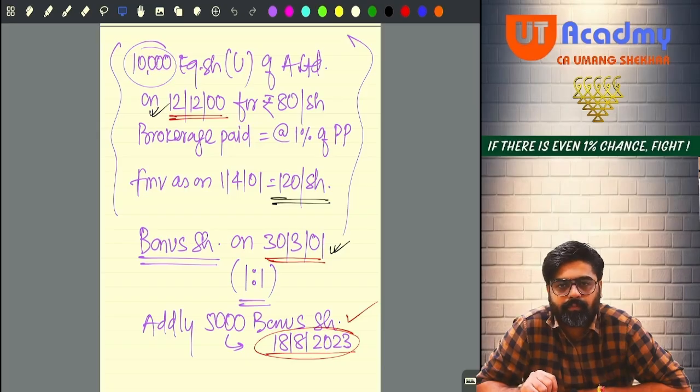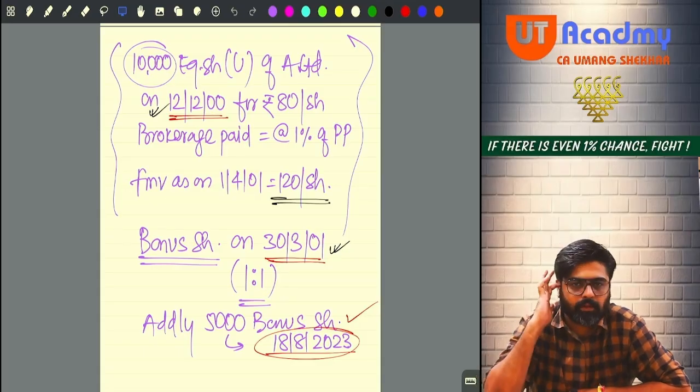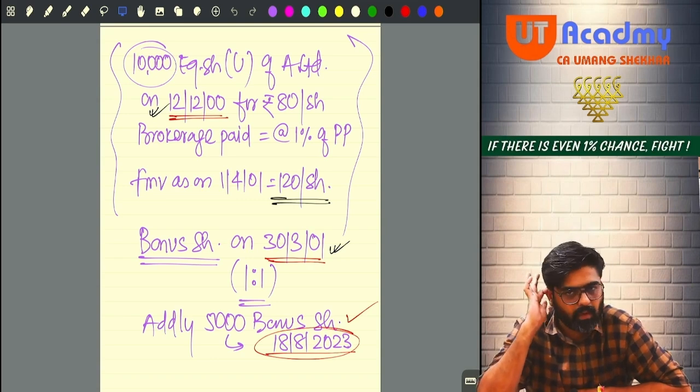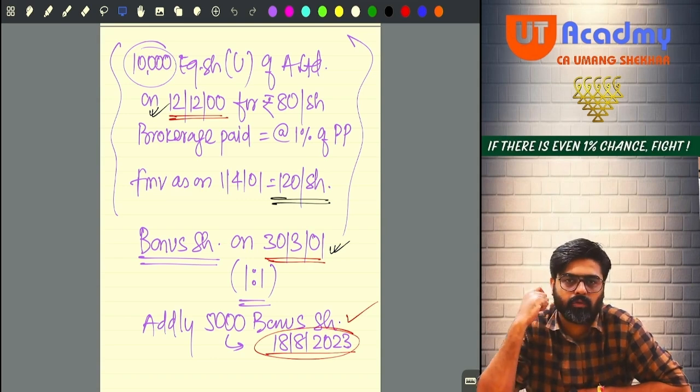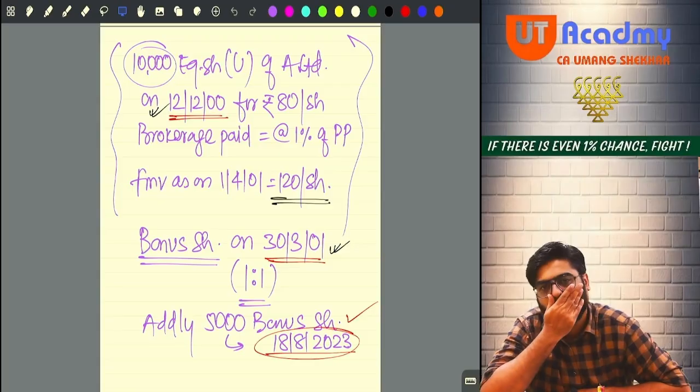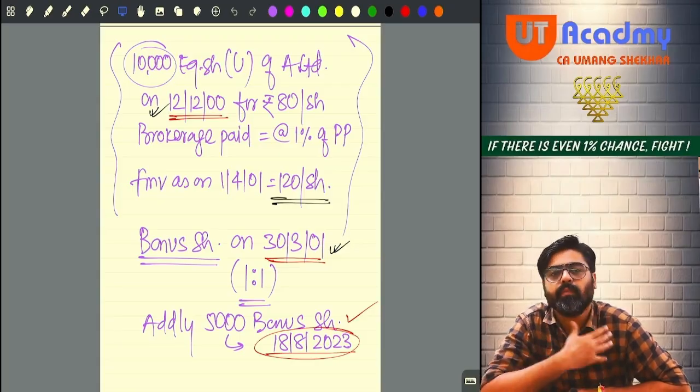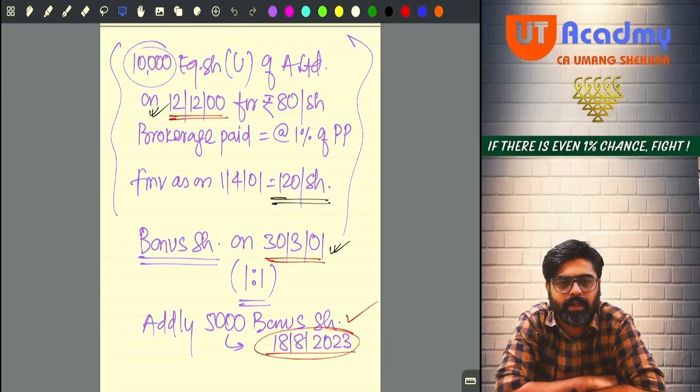He was also allotted bonus shares on 30th March 2001, in the ratio of 1:1.